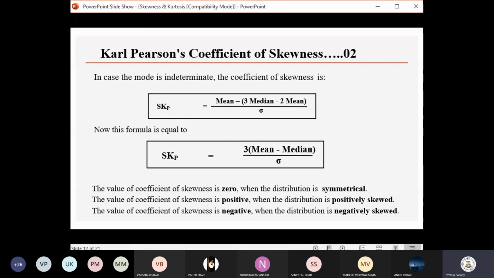Okay. So just write down: a frequency distribution gave the following results. Coefficient of variation is equal to 5, SKP is equal to 0.5, sigma is equal to 2, and finally find the mean and mode of the distribution.